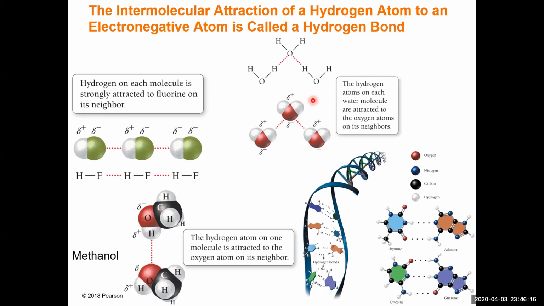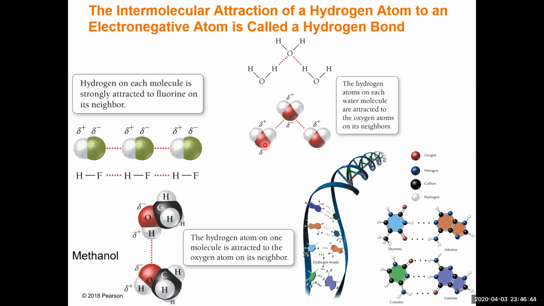On the top right, we see the hydrogen bonding between different water molecules. In water molecules, remember that these are not linear structures. The molecular geometry is a bent geometry. And each of our hydrogens has a partial positive charge, and each of our oxygens has a partial negative charge.